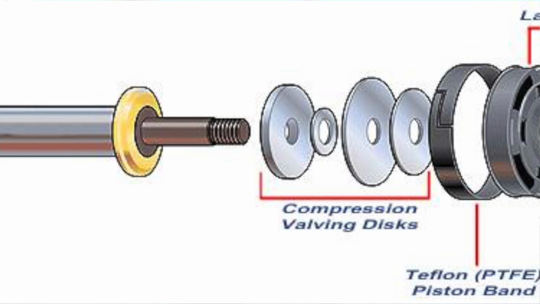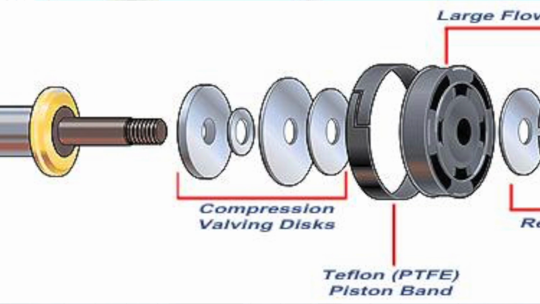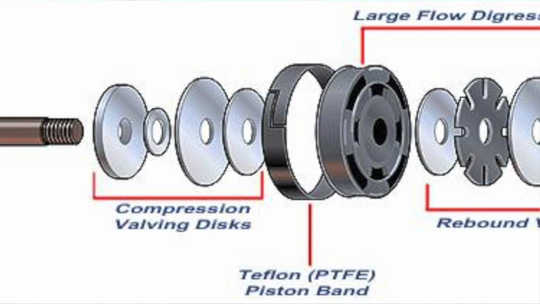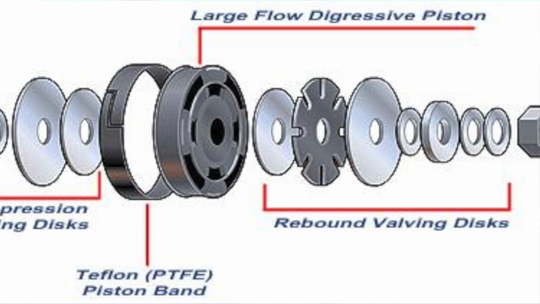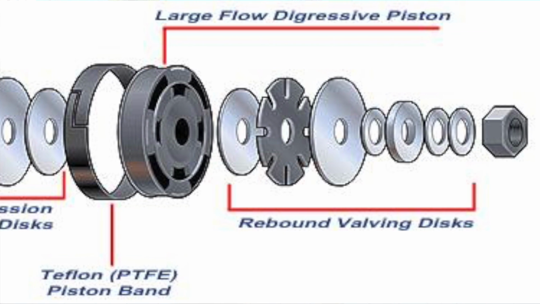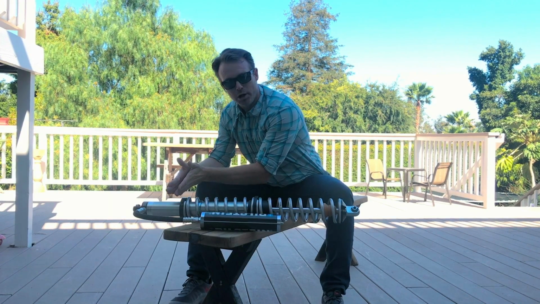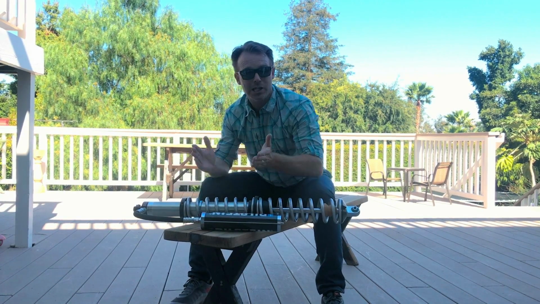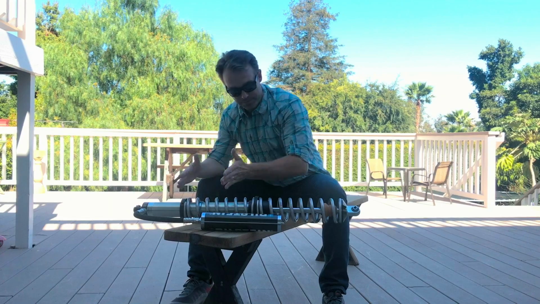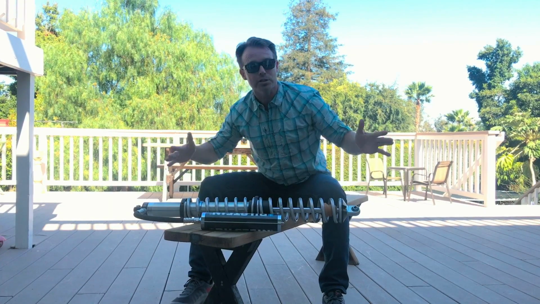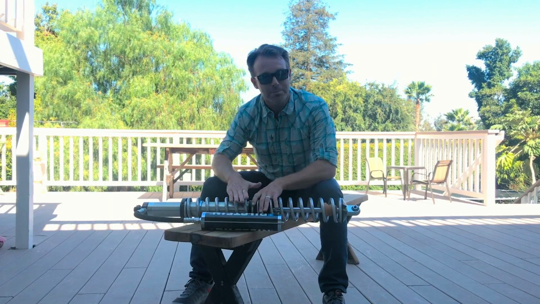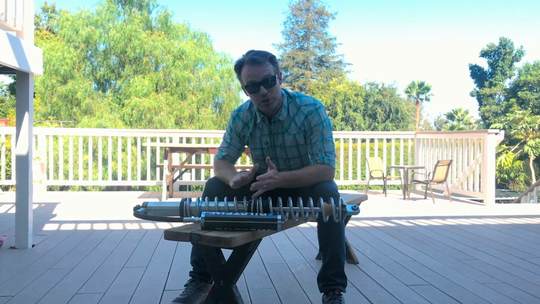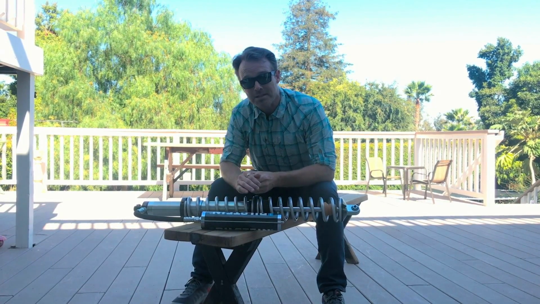You have compression dampening and rebound dampening. Both of these are handled through a piston, which is at the end of this shaft. Think of the piston as a dividing wall between areas of high pressure and low pressure. When you have stasis in the shock, meaning there are no inputs, you have equal pressure between the upper and lower compartments of the shock on either side of that piston.